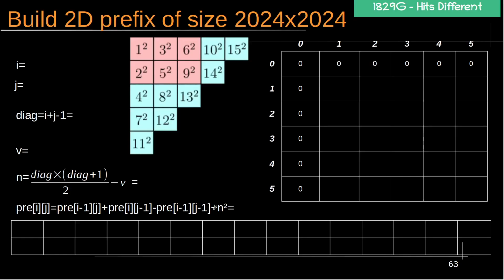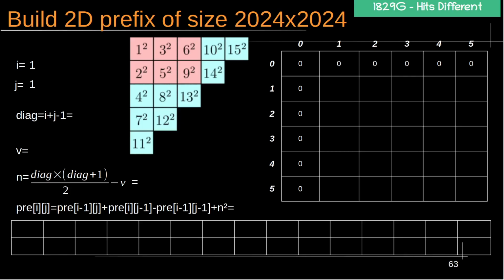So now let's see the simulation of the code, how to code the build of the 2D prefix sum array. Of course, our array is of size 2024 by 2024, but for simplicity here, I will take a matrix of size 6 by 6. We start with the first row, first column.